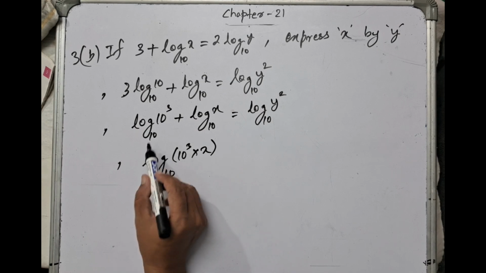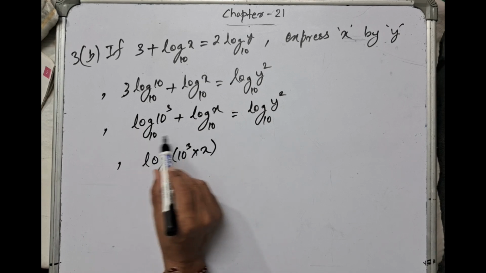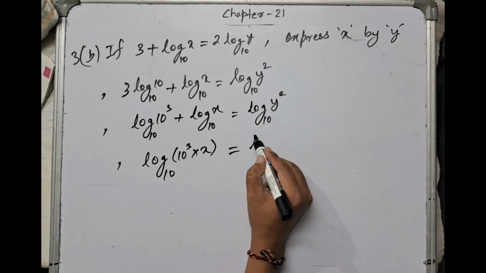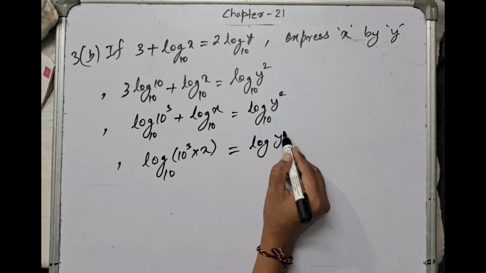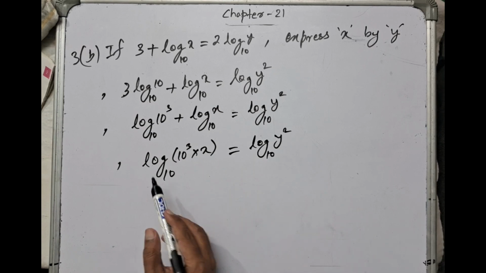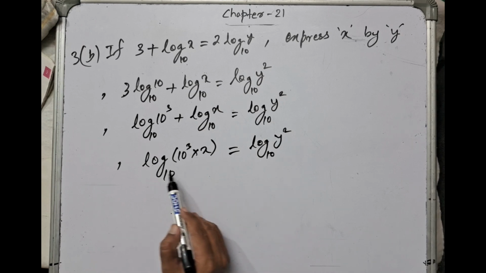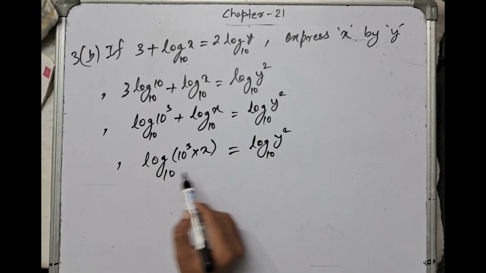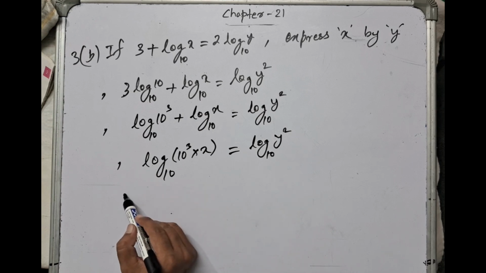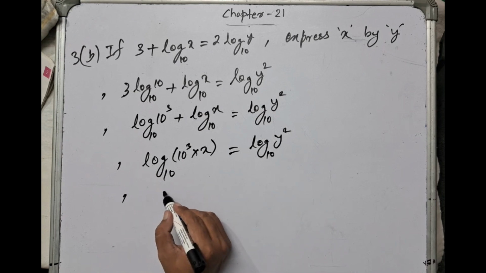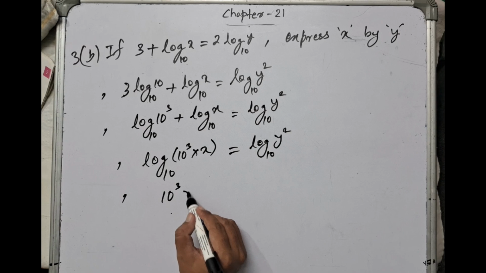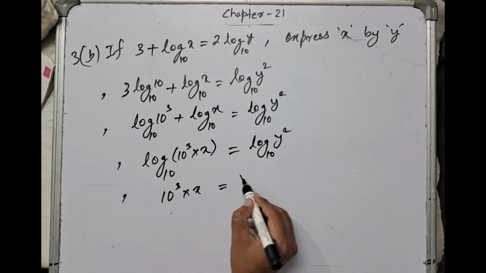To apply this formula, bases must be equal. Now we have log base 10 on both the sides, so we can leave log from both the sides. We should not cancel log, okay. So we have 10 to the power 3 into x equal to y square.